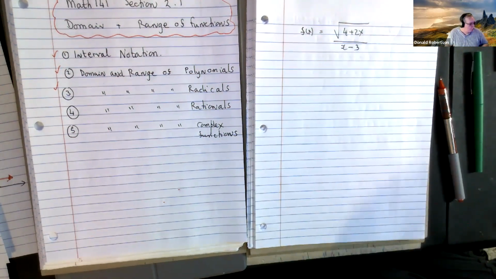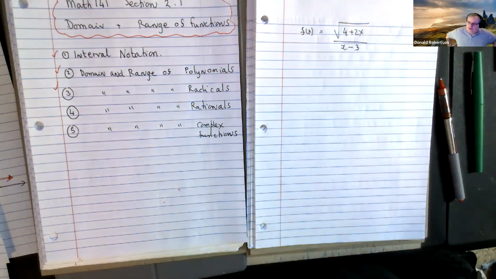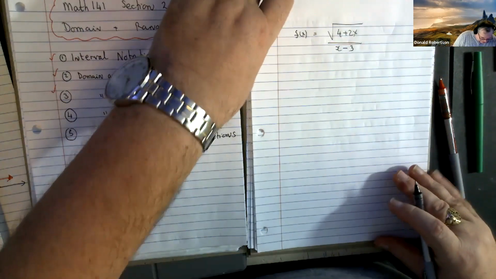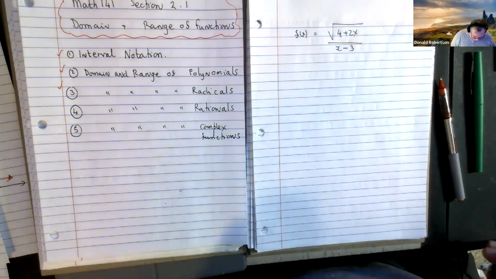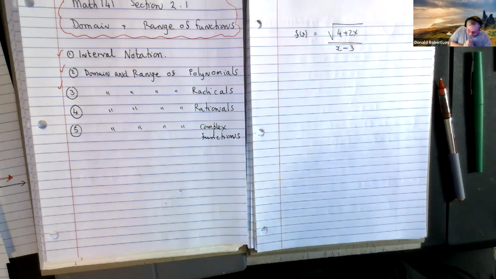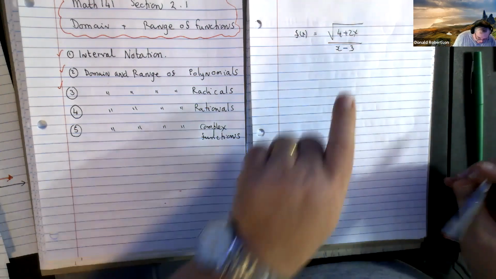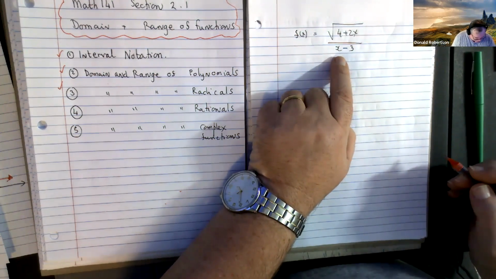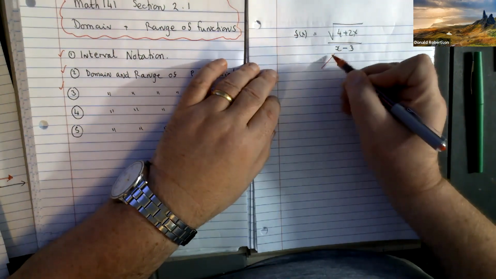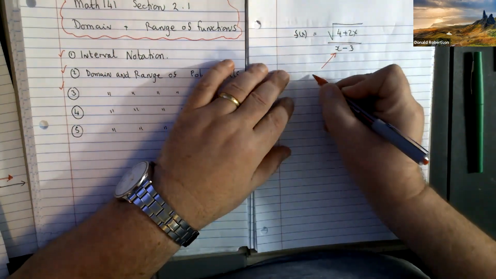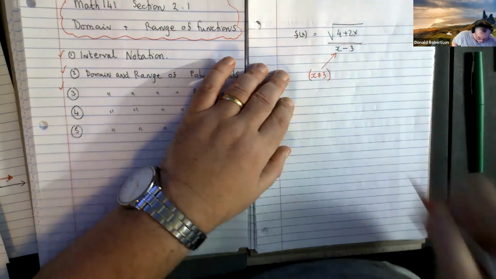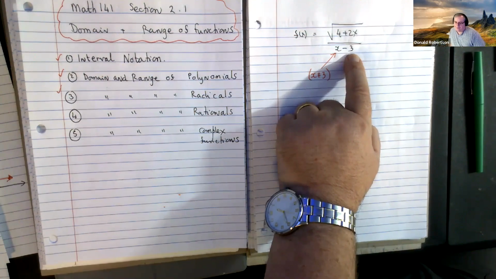And I want to find only the domain. So we're not interested in the range. We'd plug that into the calculator if we wanted it. There are two things that are happening. The bottom says, look, x can't be 3. You can't have a 0 on the bottom, right?